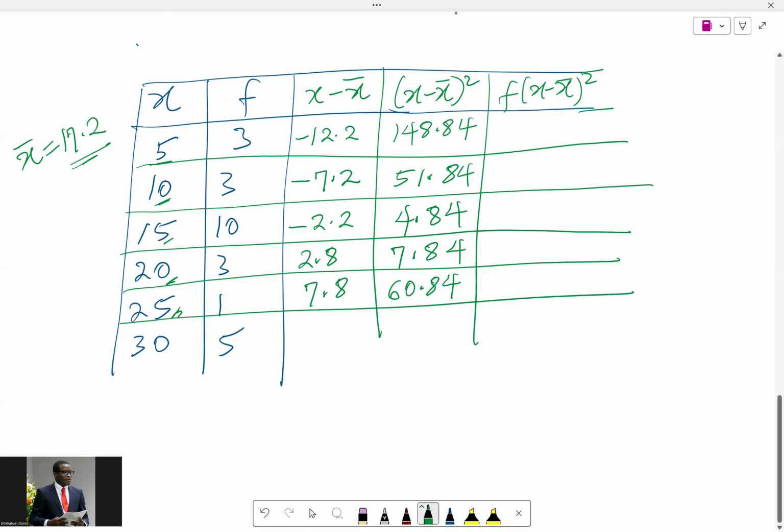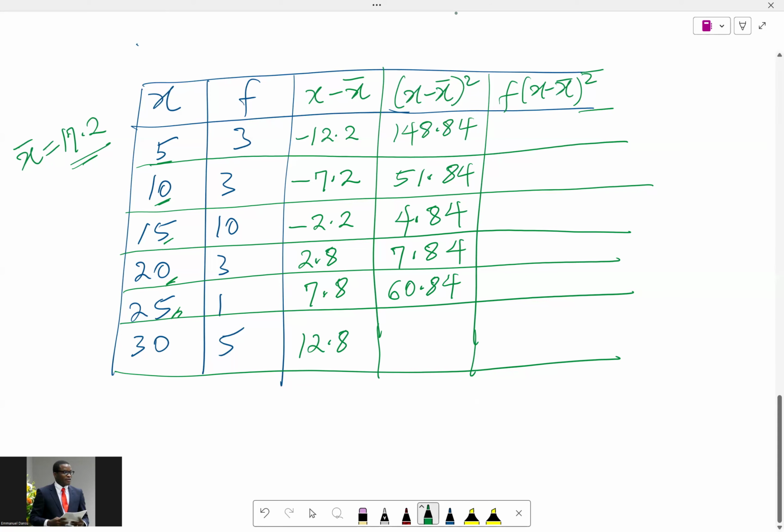So finally, we have 30 minus 17.2. It's increasing by 5 normally, so I can already know the answer is going to be 12.8. 30 minus 17.2 is 12.8 as expected.